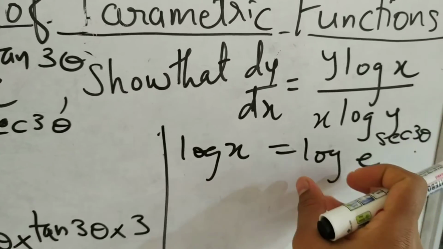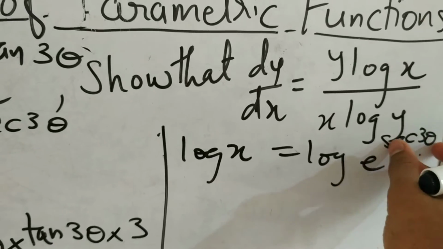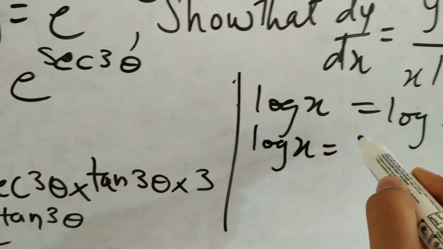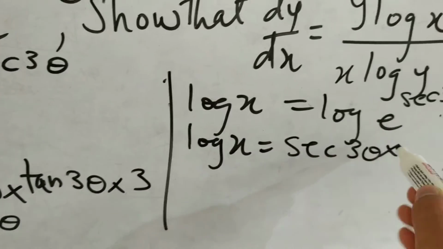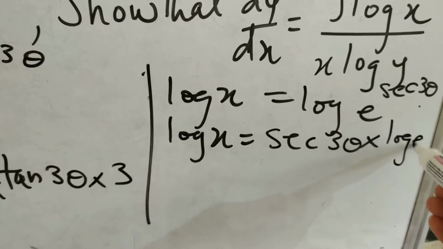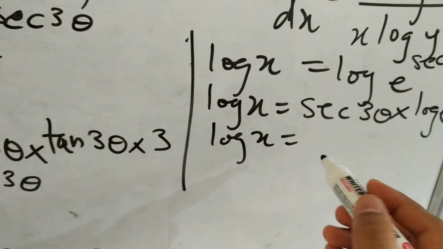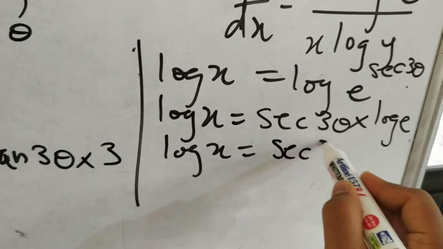Now all of you know the formula, log a raised to b is the same as b log a. So whatever power it is will come down. So we get log x equals sec 3 theta into log e. Log e means 1, so log x is nothing but sec 3 theta.